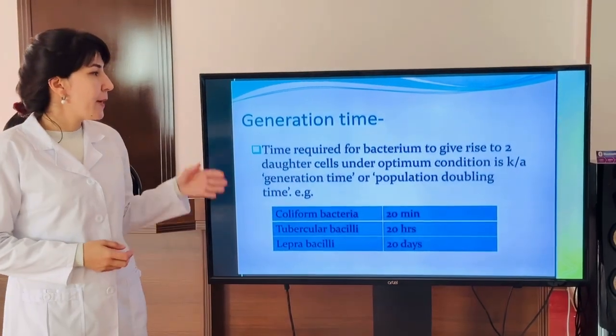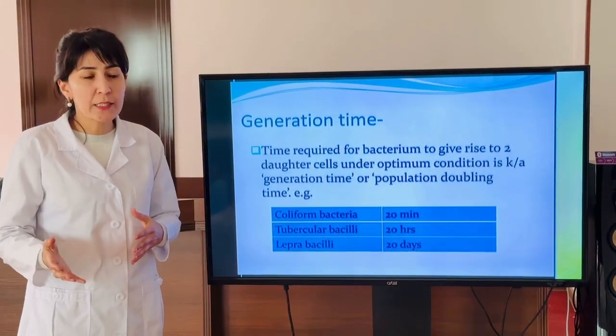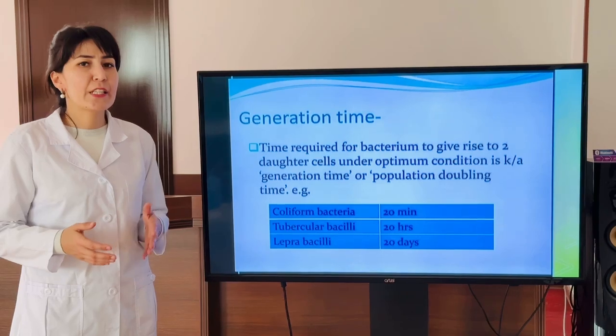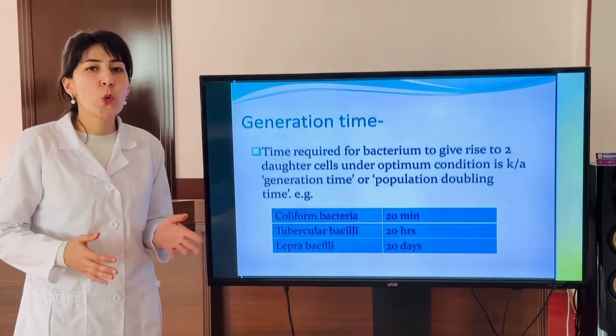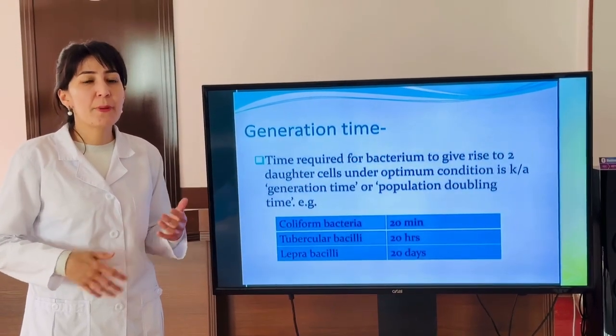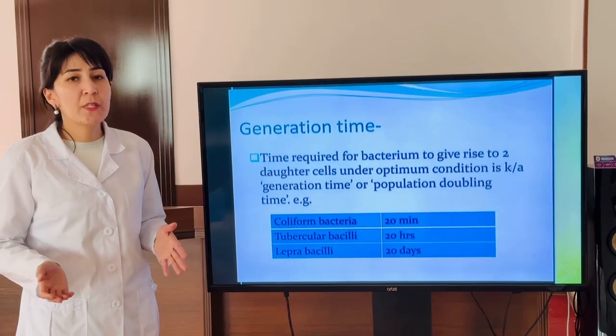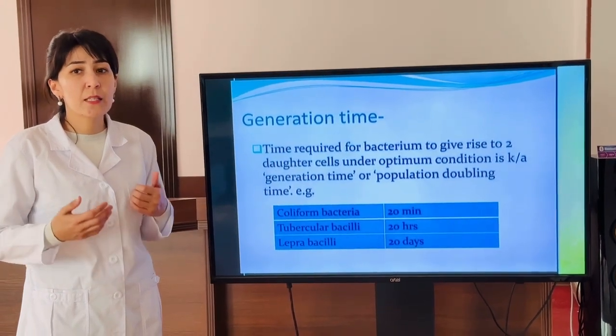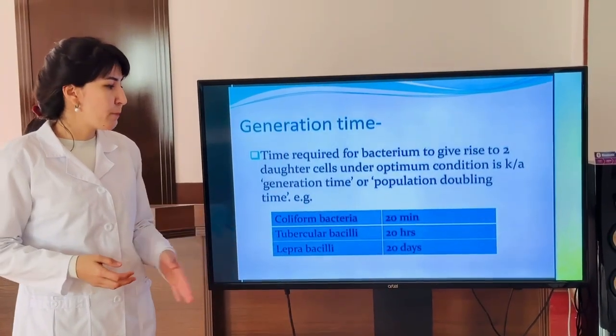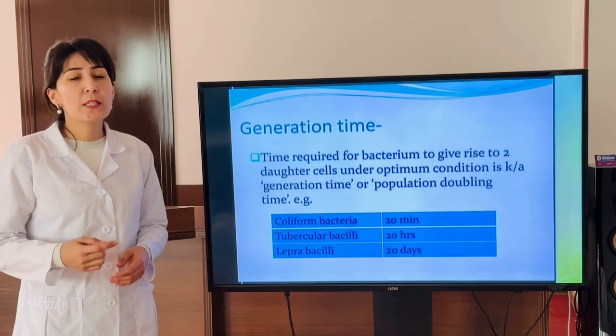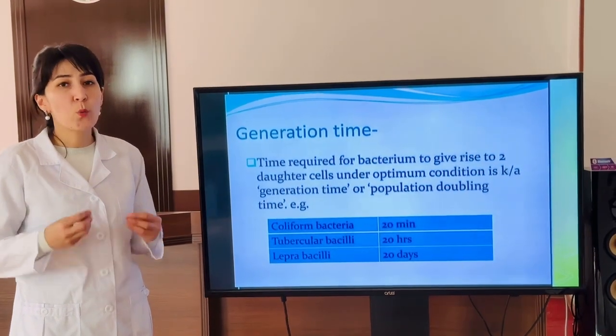Generation time: some bacteria grow quickly, for example intestinal digestive system bacteria grow speedily, but some do not. For example, tuberculosis bacillus takes about 20 hours to divide from one bacterium into two.